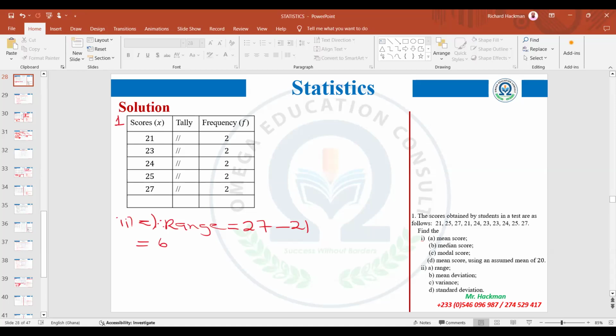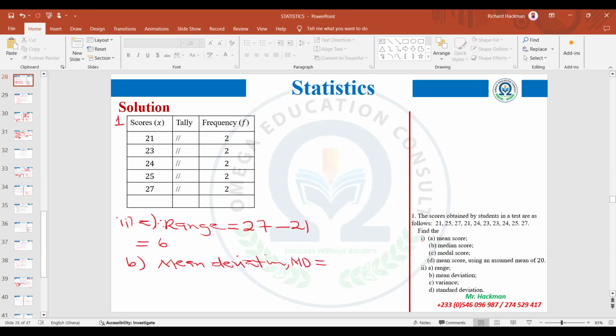Okay, so we are going to look at B. What are we supposed to find? The mean deviation. I want to use MD, but I won't conclude with it.